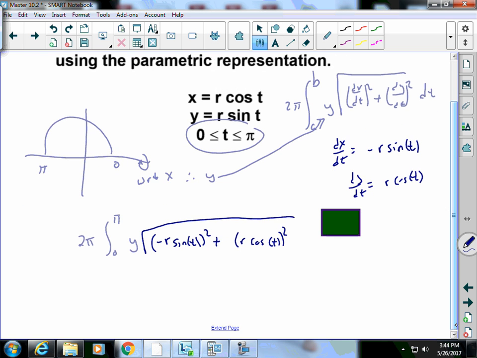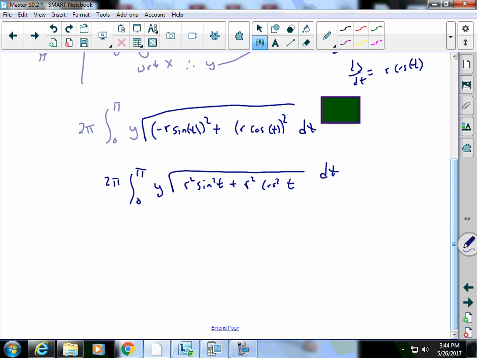That's nice because when I square it, I get 2 pi, 0 to pi, y. This gives me r squared sine squared t plus r squared cosine squared t, because something negative squared is just positive. These are all dt's. They both have an r squared I can factor out. It's a constant.